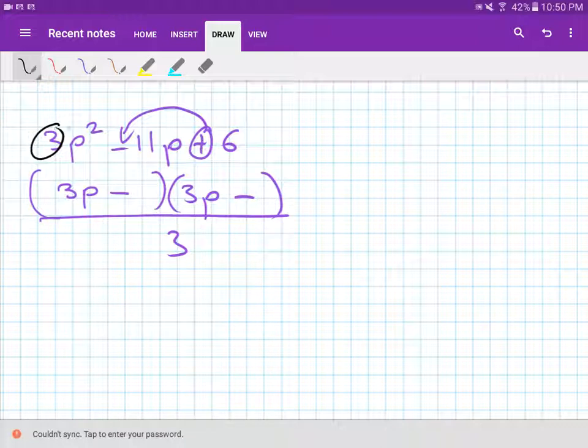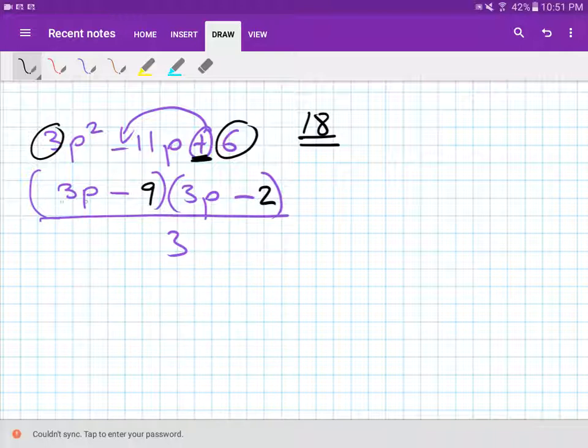Now, 3 times 6 is 18. So now, what times what gives me 18 and adds to give me 11? So it should be 9 and 2. Again, it doesn't matter where I put 9 or 2, because both are negative. So I put 9 here, 2 here.